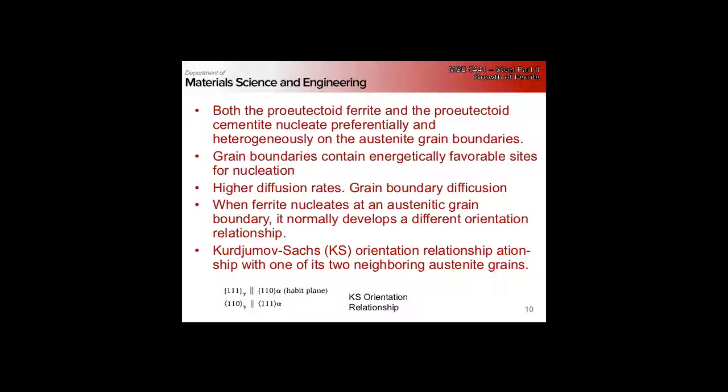And this is just because our grain boundaries contain energetically favorable sites for nucleation. We have higher diffusion rates because we can utilize grain boundary diffusion, right? And importantly, when the ferrite nucleates at the grain boundary, it develops a preferential orientation relationship, the Kurdjumov-Sachs relationship, and it forms this with one of the two neighboring austenite grains, right? It can't have a preferential relationship with both grains, so it ends up with one of them, and it will grow into the other.